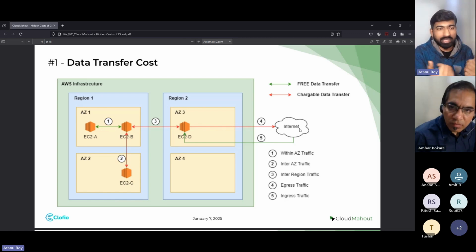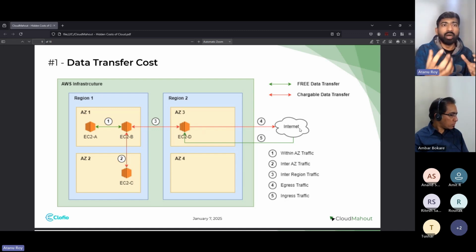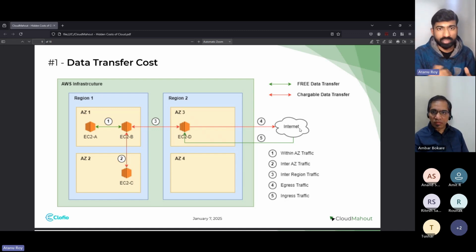Let's take an example: you are downloading a few photos. Your application is, let's say, photo album software. It downloads photos from, let's say, Google Drive or something. So now the data is moving from the internet into your AWS infrastructure. Anything which moves inside, which is marked as number 5 here, is called ingress traffic, which is going from outside to inside, and it is always free. Anything you are taking from outside to inside will always be free.